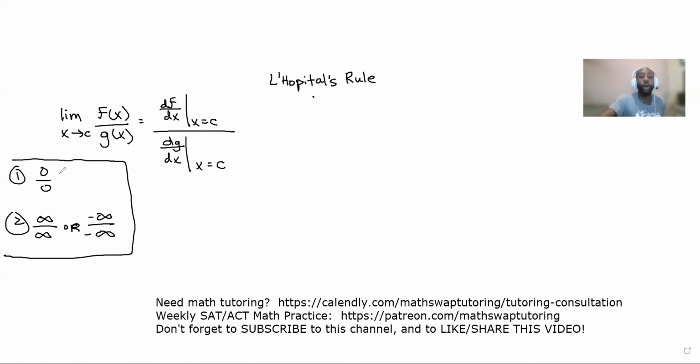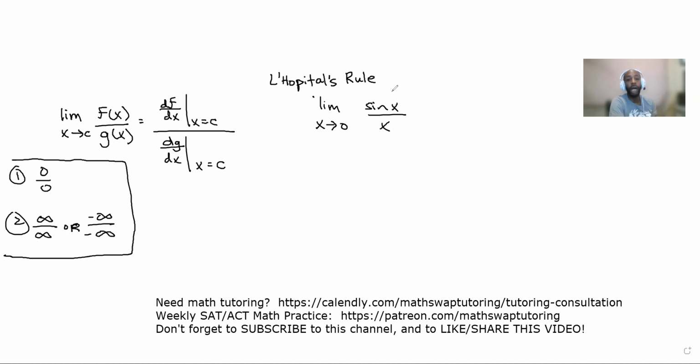Now, we're going to start with an example from when I talked about finding the following limit. In a previous video, we proved that the limit as x approaches 0 of sine of x over x is equal to 1. I'm not going to rehash that; you can go back and watch that video.